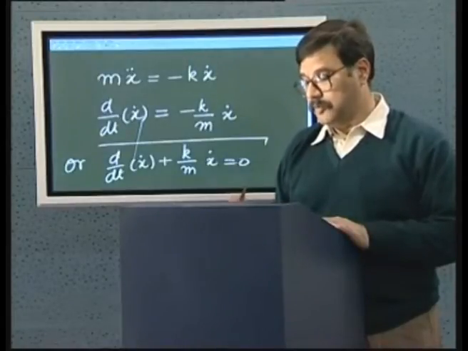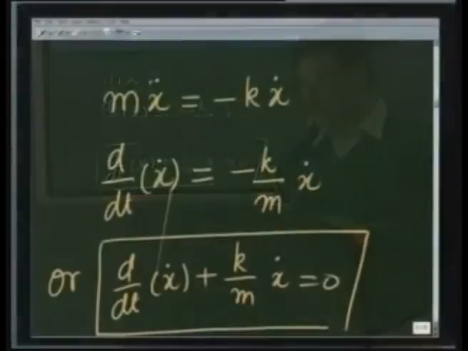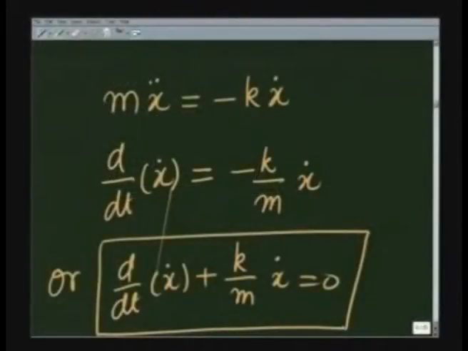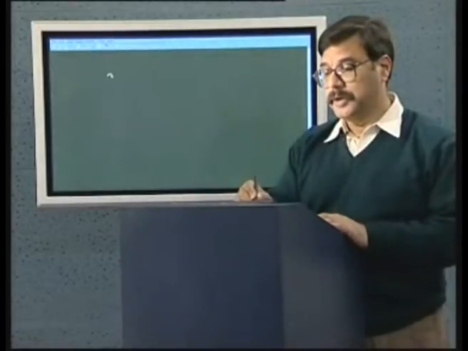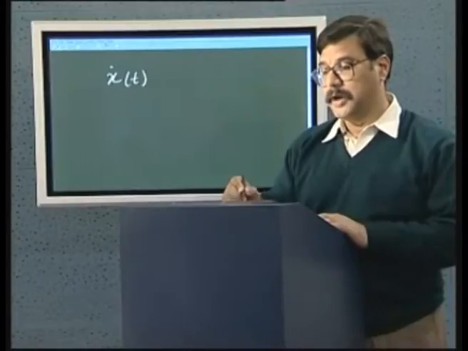This is my equation of motion that I want to solve for this particle. You can check by direct substitution that the solution is going to be x dot as a function of time equal to some constant c e raised to minus k over m t.